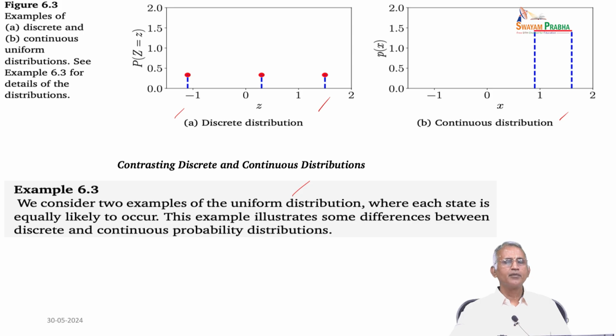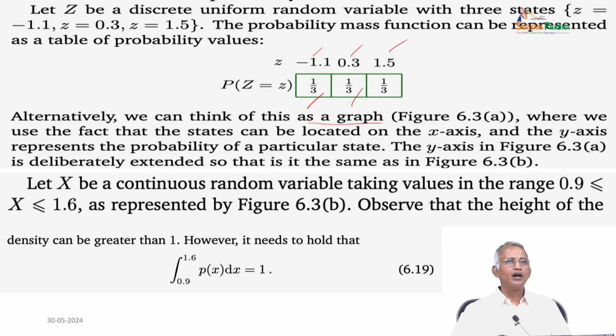Now, we have a continuous random variable taking values in the region 0.9 to 1.6, represented in figure 6.3. Observe that the height of the density can be greater than 1. Therefore, this holds when the integral from 0.9 to 1.6 of p of x has a maximum value of 1.